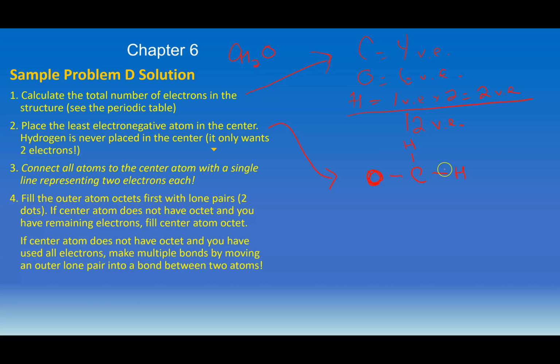So for instance, with this carbon, we're going to put a hydrogen, and an oxygen, and we're going to leave this spot down here empty because there is no atom to add. Remember, the least electronegative atom always goes in the center, and that is always carbon if it's possible. Never hydrogen. All right, next thing to do is to connect all of our atoms with a single line.